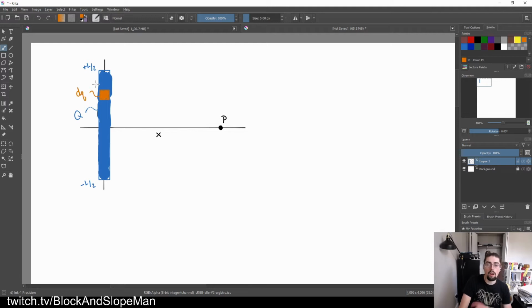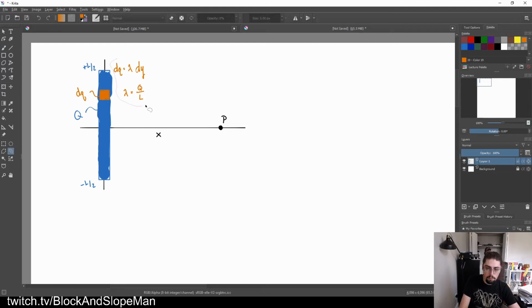To find dq of a linear object, I need to know the linear charge density, and then how long this piece is. The length of the piece is infinitesimally small, dy, times lambda, and lambda is equal to Q over L. So far, so good.